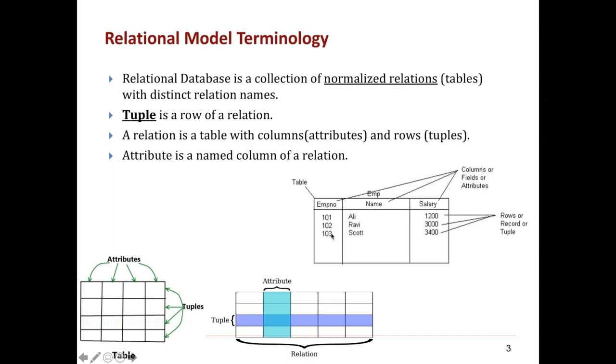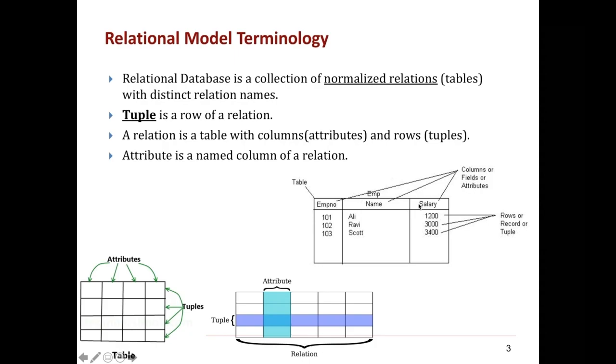They call it sometimes relations because here we see attributes. This is the table name, employee, EMP, and we have the attributes, empno, that is employee number, name, salary. These are, you can call them column heads, you can call them fields, or you can also call them attributes. Three names for the same thing.